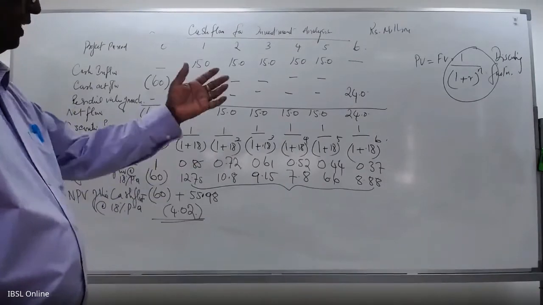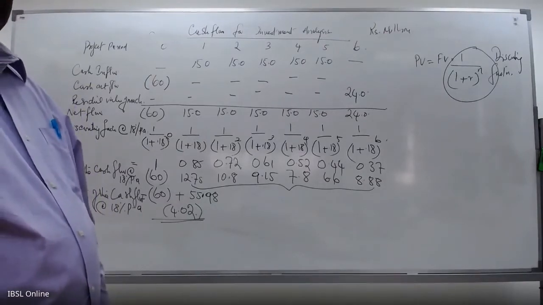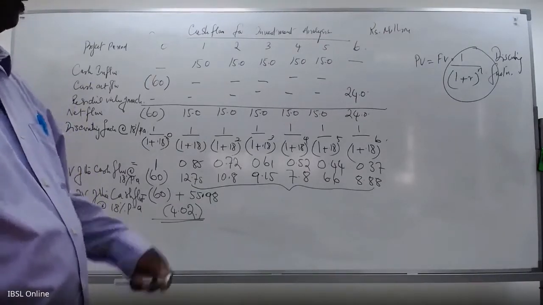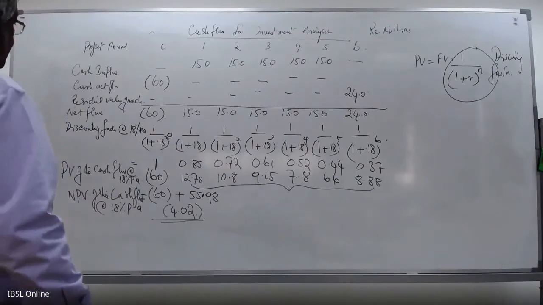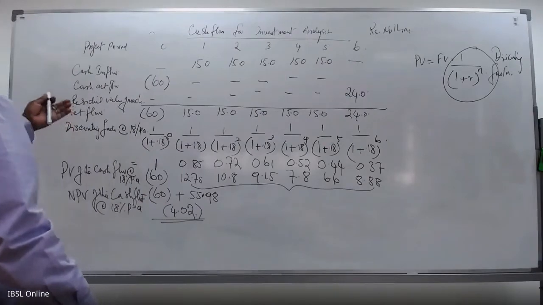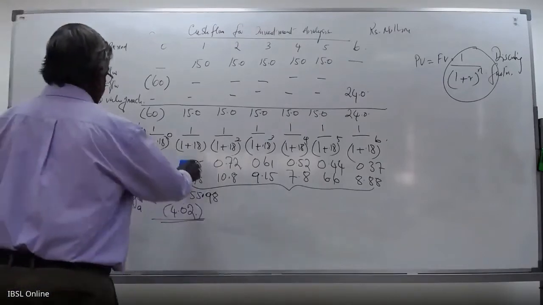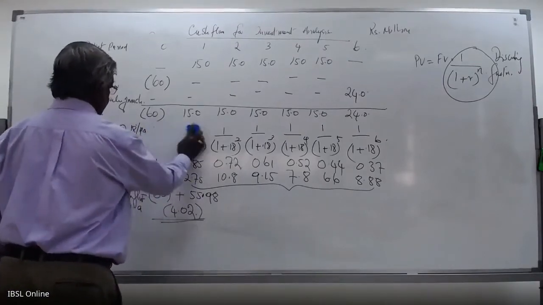So now we do it again at 13% interest rate. The bank has agreed to reduce it to 13%. Now we are going to redo it with the discounting rate reduced to 13%. I am erasing all these things.